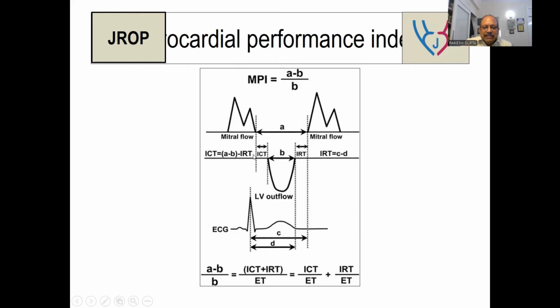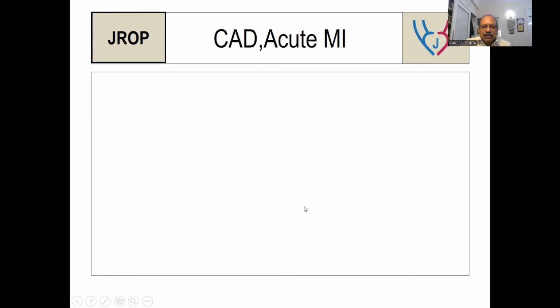If you divide this IVCT and IVRT by ejection time, you will get myocardial performance index. Normal is 0.46 or less than that. If it's more than 0.46, we call it hypokinesis. And this is what wall thickening abnormality is.